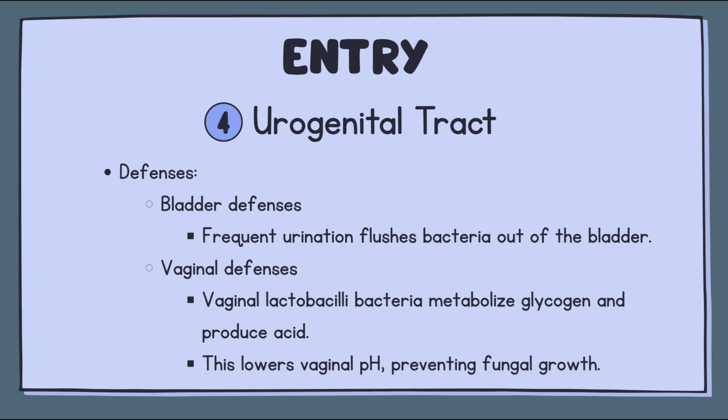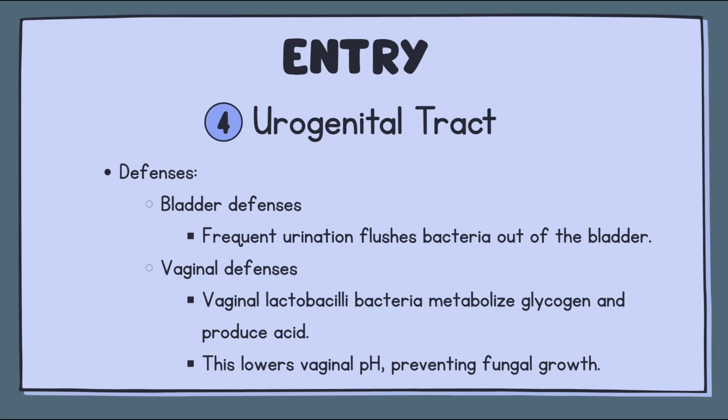We have vaginal defenses, and those include vaginal lactobacilli bacteria, which metabolize glycogen and produce acid, and this lowers the vaginal pH, and so it prevents fungal growth and prevents conditions like a candida infection. We also discussed this in great detail in microbiology, so I won't go into detail about this.